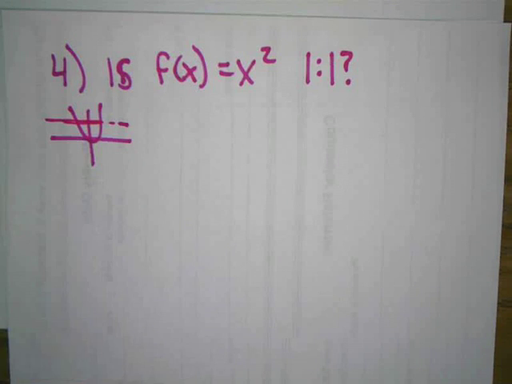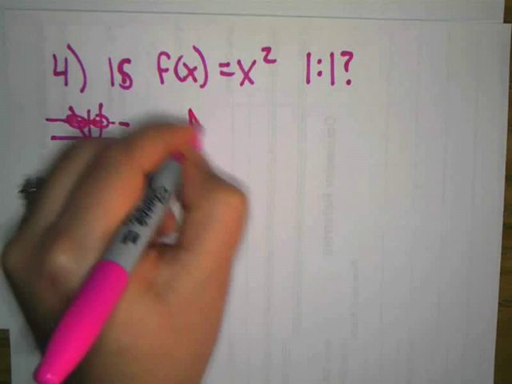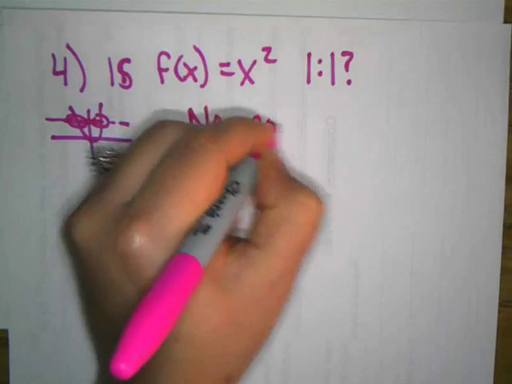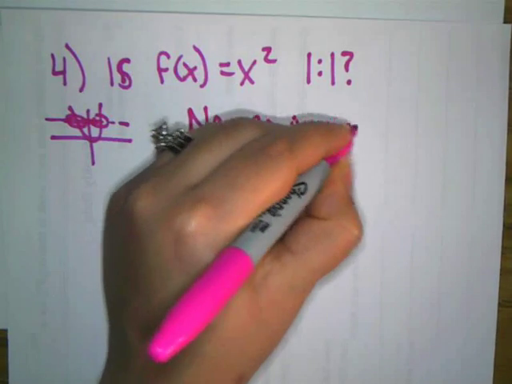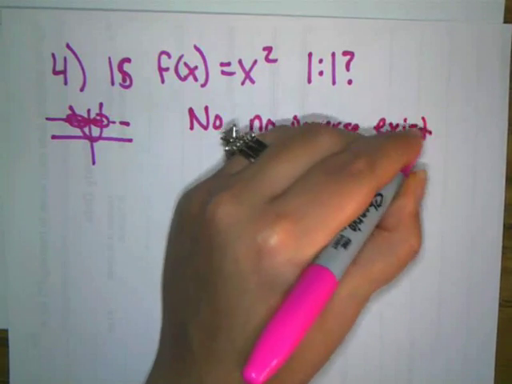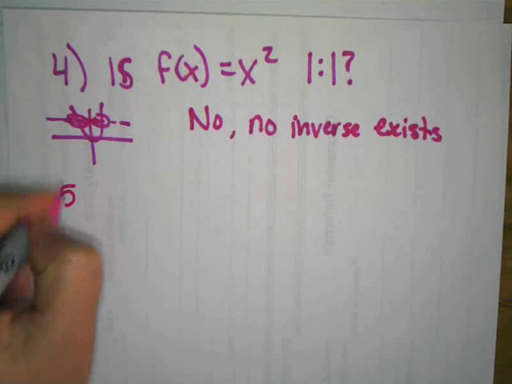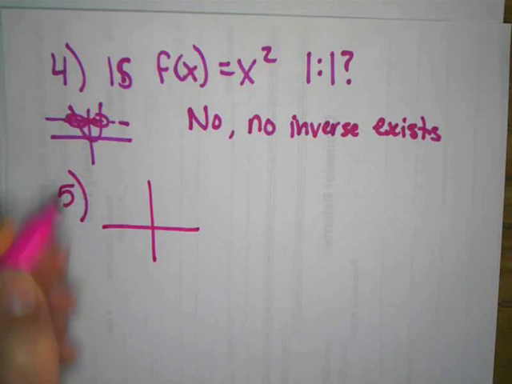There's a horizontal line where it does not pass. There's 2 instances. So, no, it's not 1 to 1. And what does that mean? It means no inverse exists. Because if it is 1 to 1, then the inverse is a function and it exists. Here, it's not.